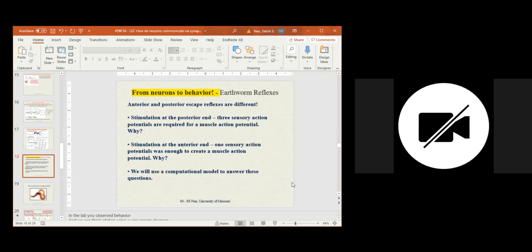How might that happen? What really happens is when you touch or stimulate the posterior end, there are sensors there, sensory neurons. Those sensory neurons spike, and through an interneuron, that then activates a muscle.